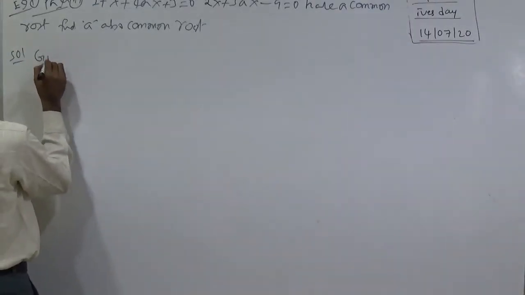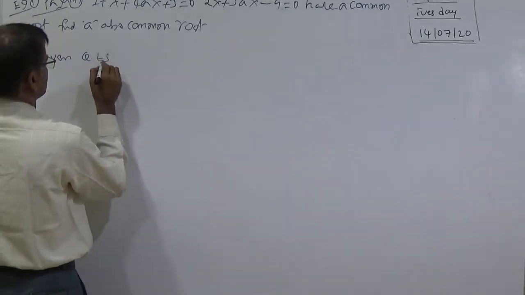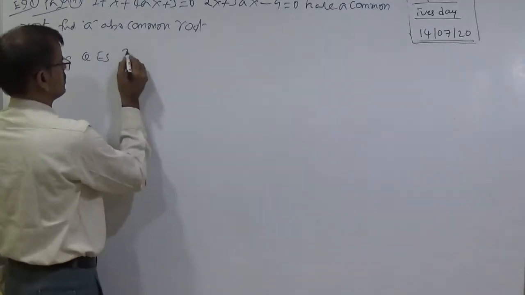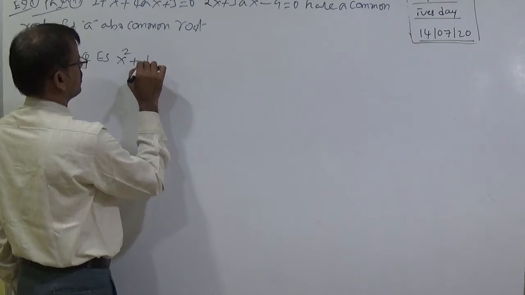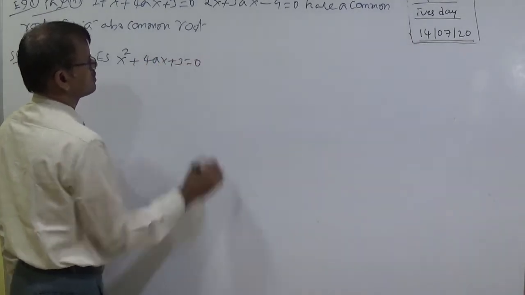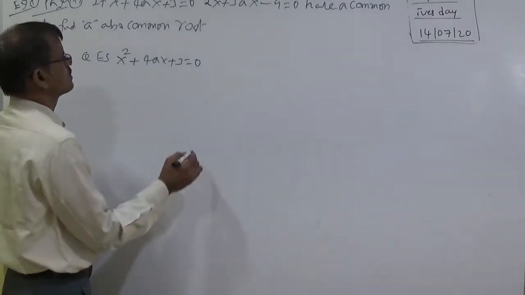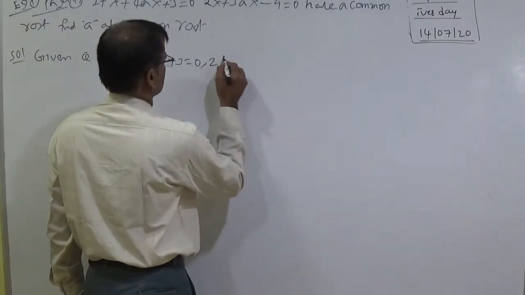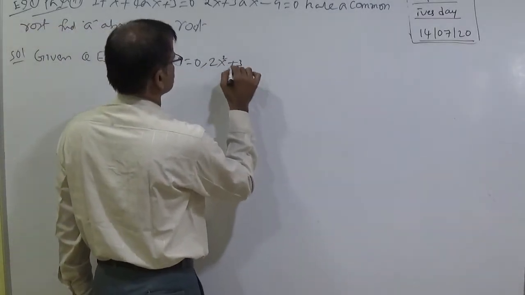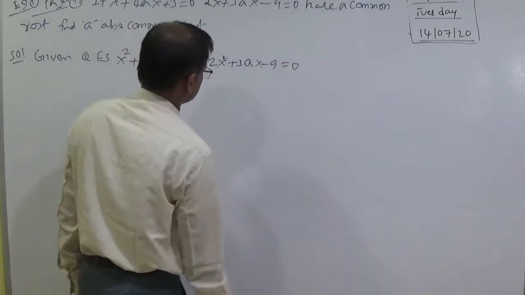Let us write the given quadratic equations. x square plus 4ax plus 3 is equal to 0. If this is objective, we can verify using options. Comma, 2x square plus 3ax minus 9 equal to 0.